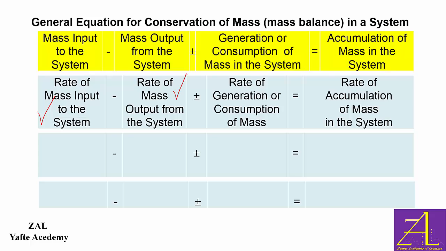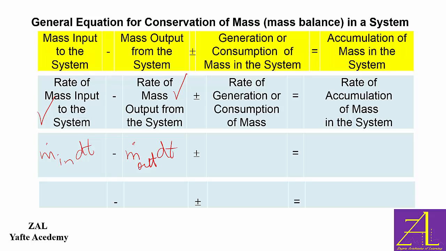At the same time, on the other side of the system, mass is crossing the boundary as the second term. The amount of mass crossing the boundary with input, we can consider as m dot in times dt. M dot in is the flow rate, which is mass per time. When we multiply it by dt, that becomes mass. The mass crossing the boundary with output would be m dot out times dt.